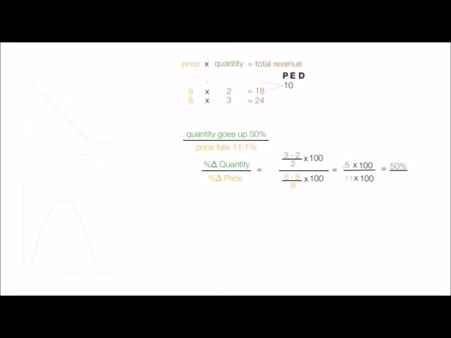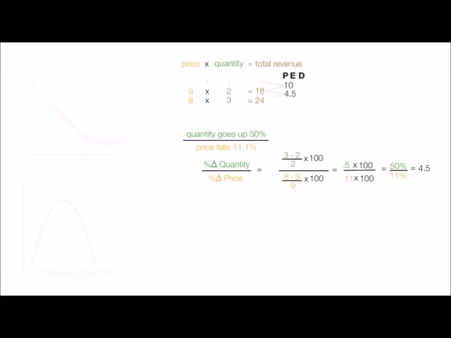It should be 11.1%, but I'll just say 11%. And this is equal to 4.5. So price elasticity of demand is 4.5. So when prices drop from 9 to 8, price elasticity of demand is 4.5.